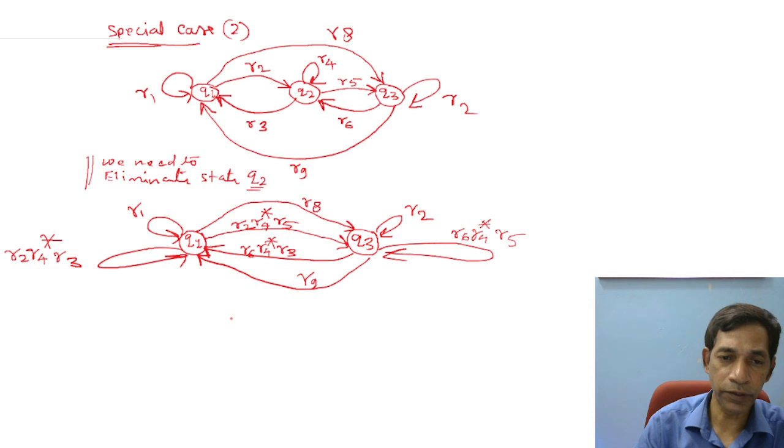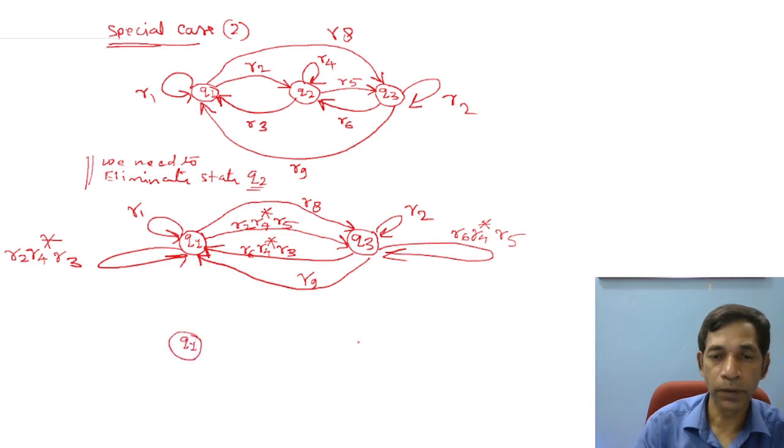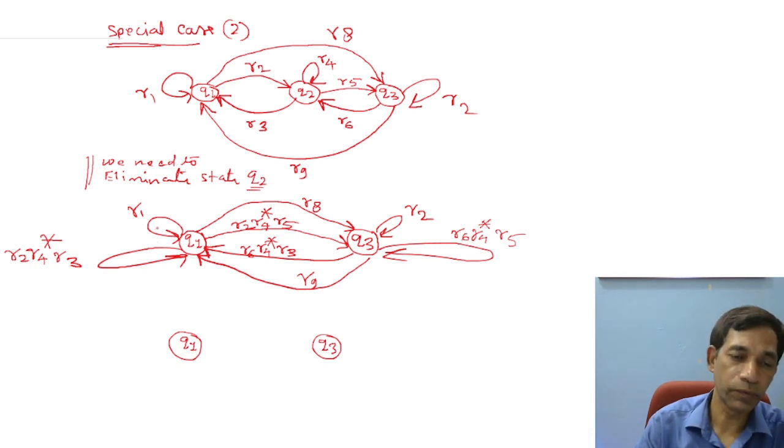Now you can further simplify this. How can you simplify? You have the state Q1, and you have the state Q3. From the state Q1 you have two loops, one for R1 and the other for this one.